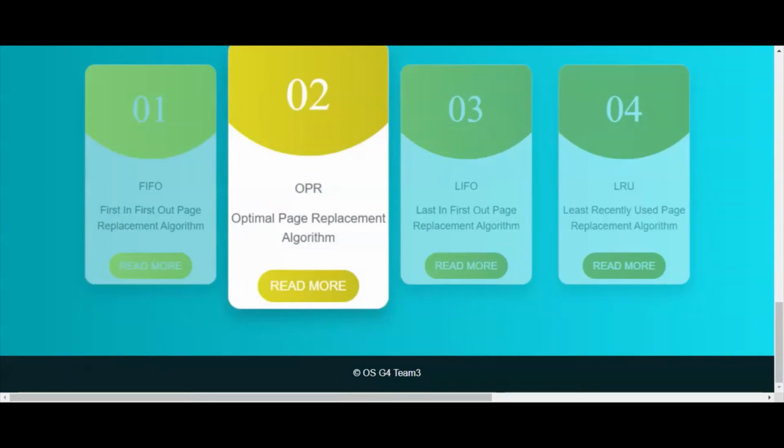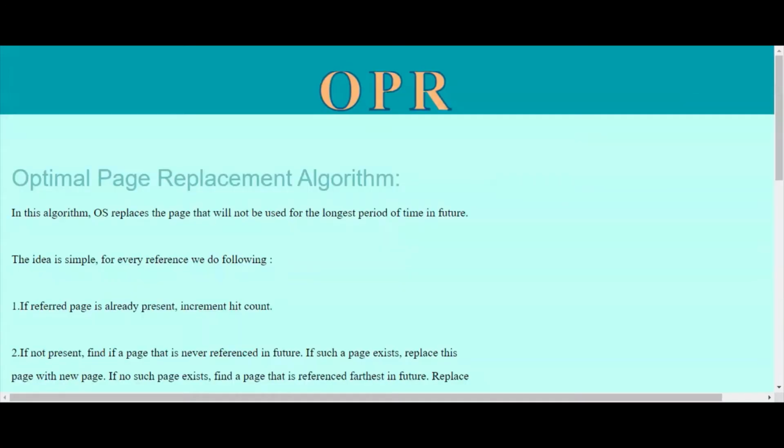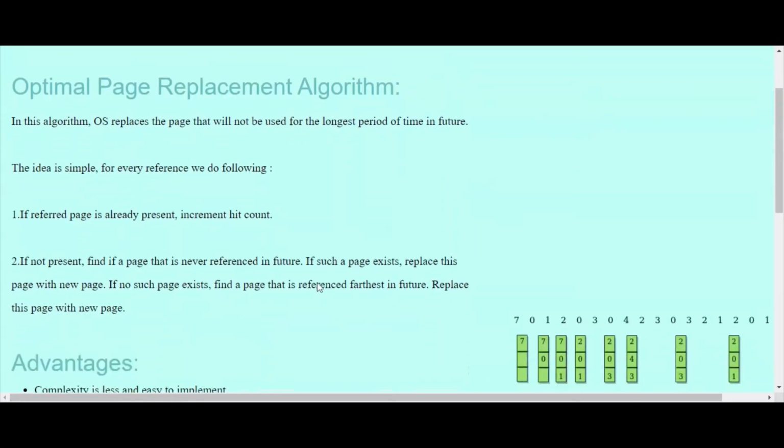Now, next one is OPR, that is optimal page replacement algorithm. Let's see. So in OPR, in this algorithm, OS replaces the page that will not be used for the longest period of time in future. So the idea is simple.